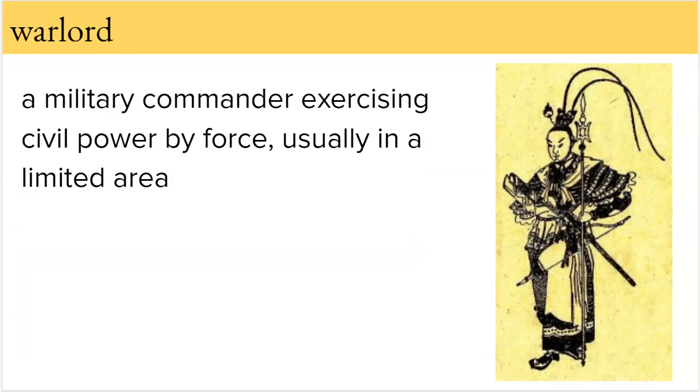Next is warlord, a military commander exercising civil power by force, usually in a limited area. That word civil power means having to do with government. So a person who starts out with military power then comes into having governmental power to be able to control a region or area.